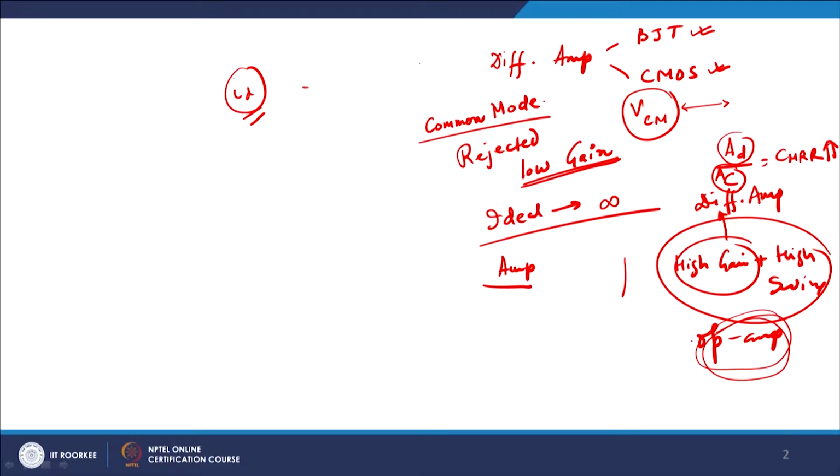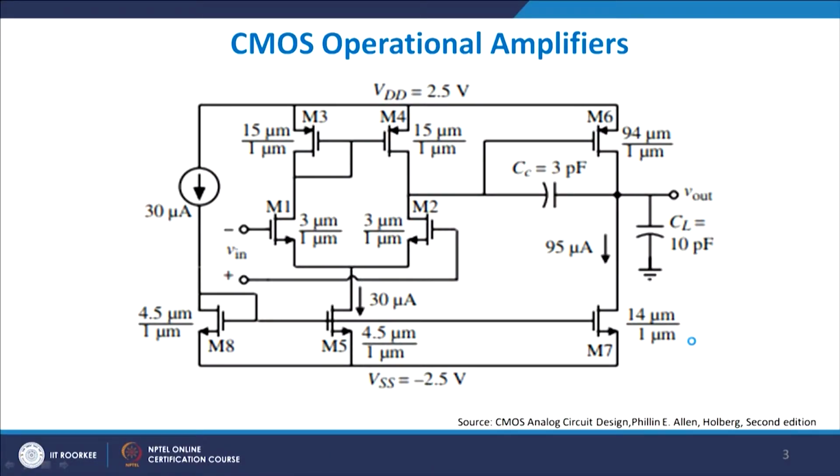So, this is the basic flow which we have been following for quite a long time, and let me therefore show you the basic diagram of a CMOS operational amplifier. This is a typical diagram of the operational amplifier, and if you look very carefully, I will divide the whole thing into a few parts, so it is easier for you to gather information for each one of them.